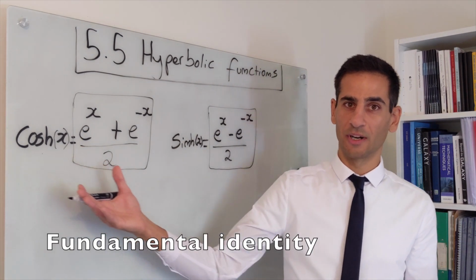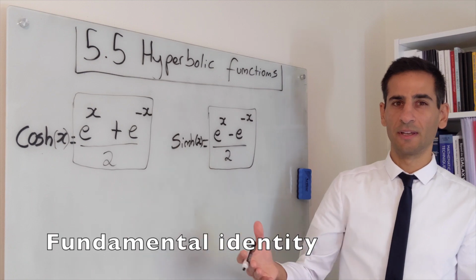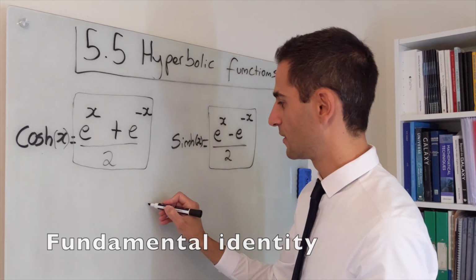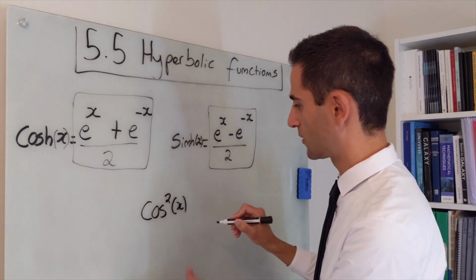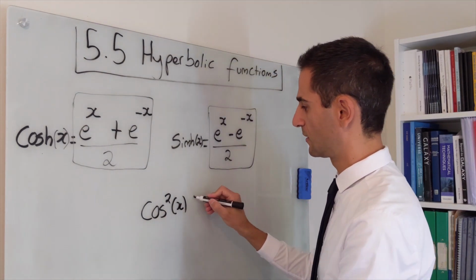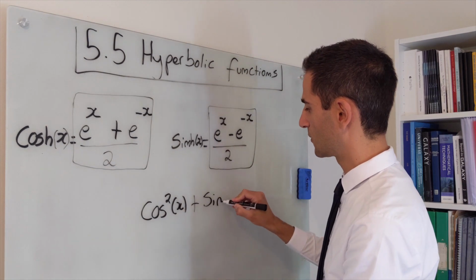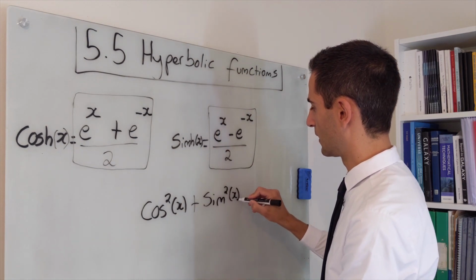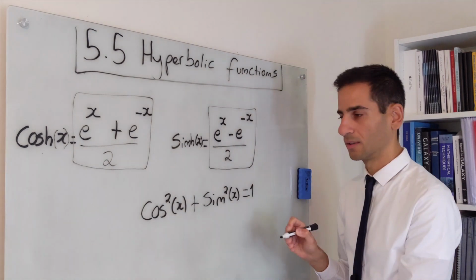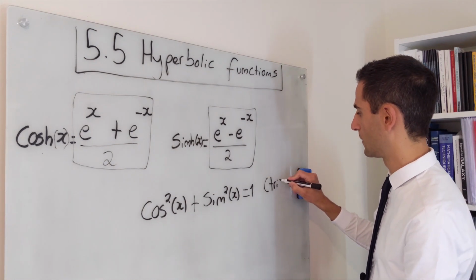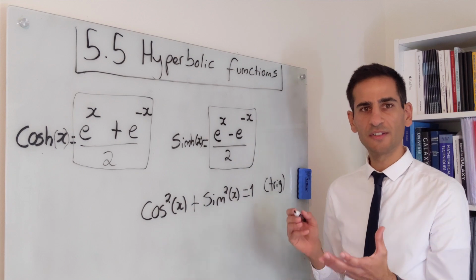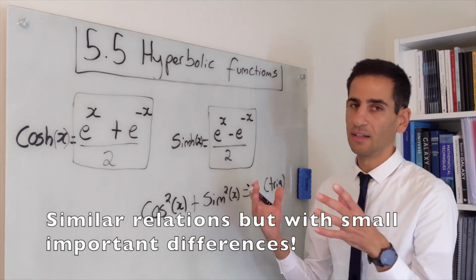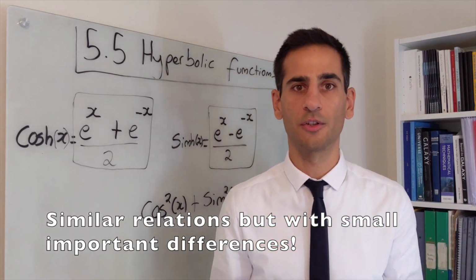And it turns out that just like for trigonometric functions, there is also a fundamental identity linking cosh squared and sinh squared. For trigonometric functions, we know that if you take the square of cos x plus the square of sin x, you get 1. This is for trig. For hyperbolic functions, there's a very similar relation, and this is the first word of caution.